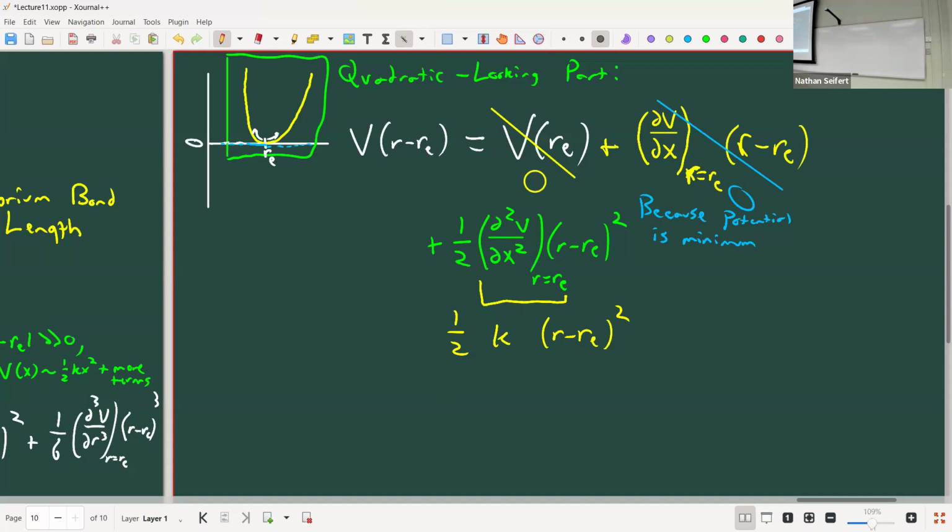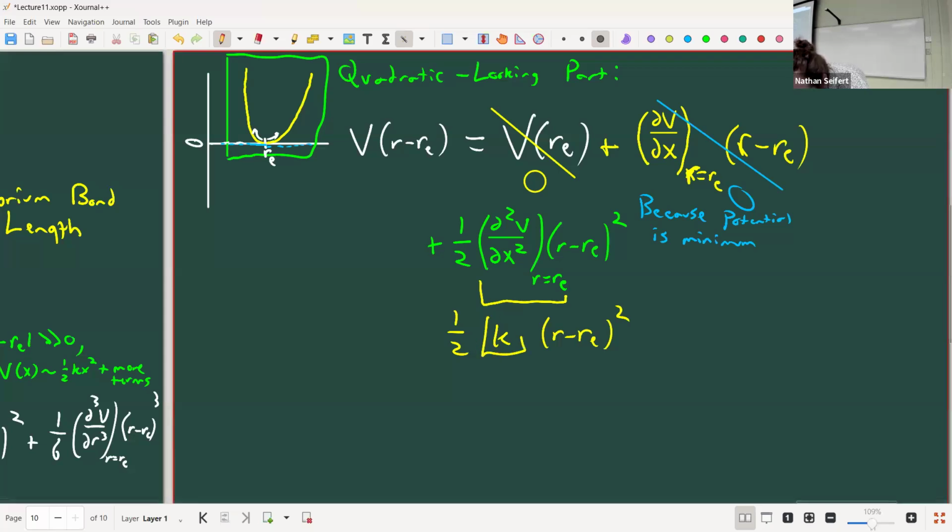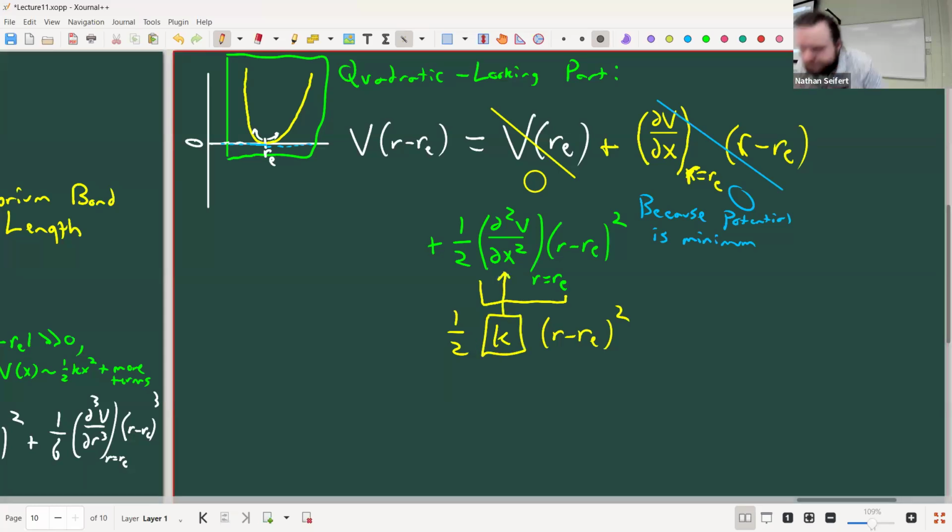This is pointing up, so the second derivative is positive. It's a minimum, so the second derivative is positive. It's convex up. And that just relates to k. So k is just the second derivative of the potential.